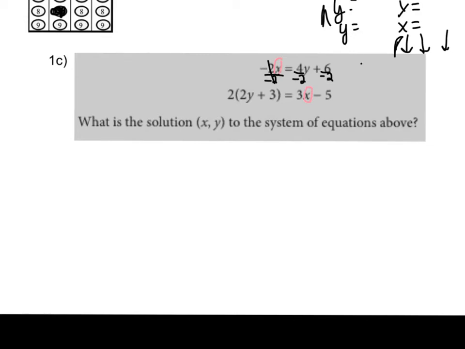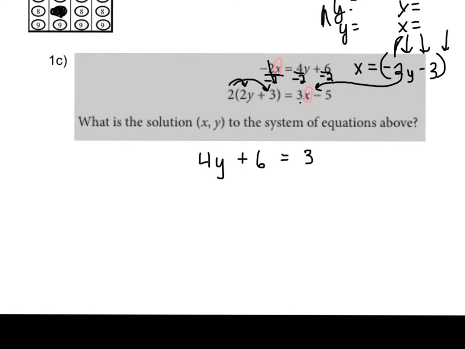So when we divide everything by negative 2, we'll get x equals negative 2y minus 3. So we're going to take all of that in parentheses, and we're going to plug it in right there for x. So I'm going to rewrite the beginning of the equation, and while I do that, to save time, I'm going to go ahead and distribute. So it'll be 4y plus 6.